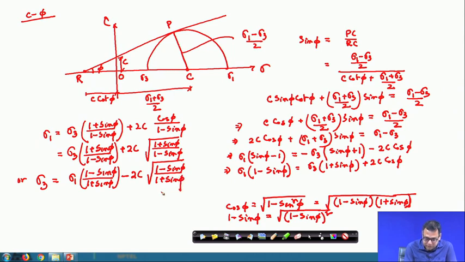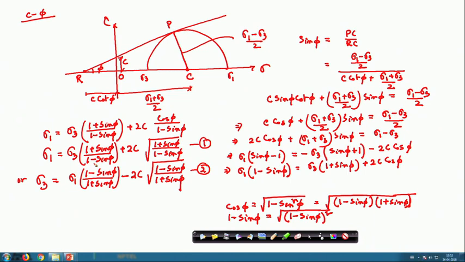So, we have two expressions, expression number 1 and expression number 2. Expression number 1 is sigma 1 is equal to sigma 3 with some value plus 2c, and the same expression I have written in a different form. Here sigma 3 is equal to sigma 1 into (1 minus sin phi)/(1 plus sin phi) minus 2c. If you take this thing to this side, it will be minus 2c.